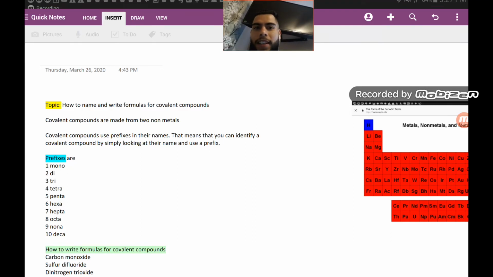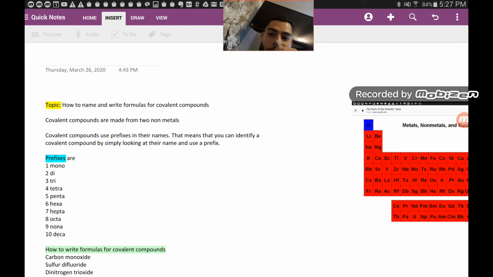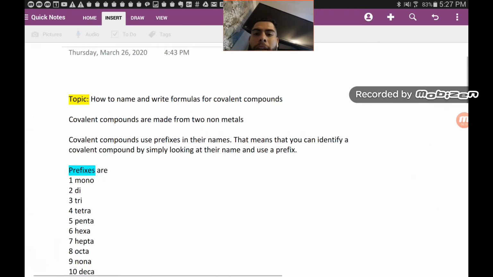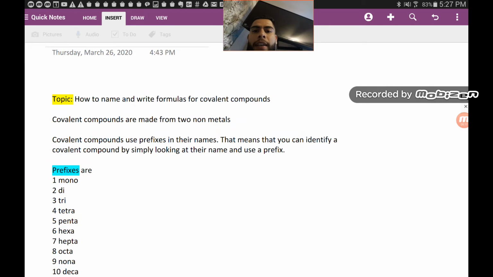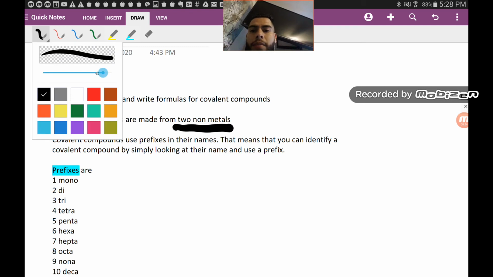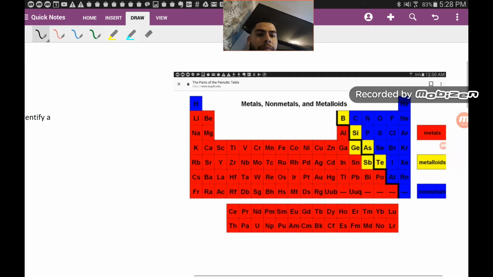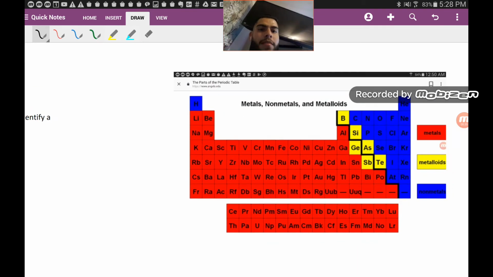Right. Hello, everyone. We're going over the next topic, which is how to name and write formulas for covalent compounds. Reminder: covalent compounds are made from two nonmetals, and what that means is that covalent compounds will be made from two elements.